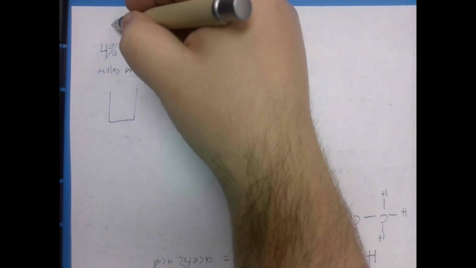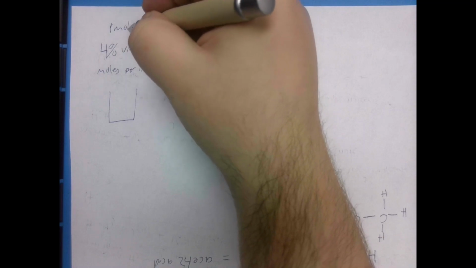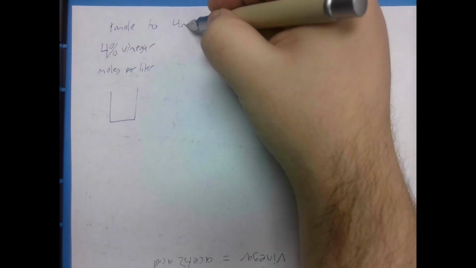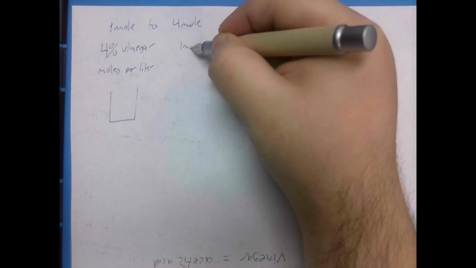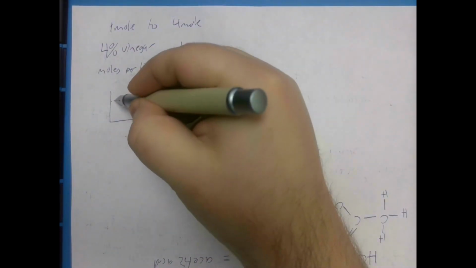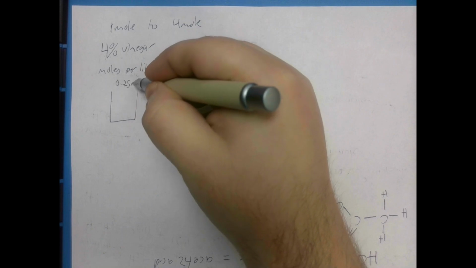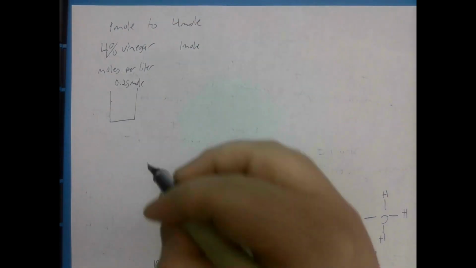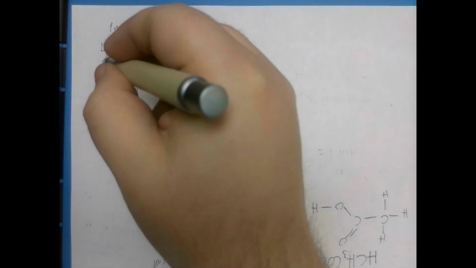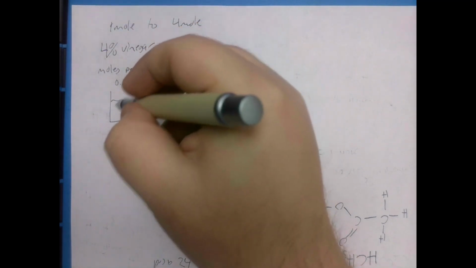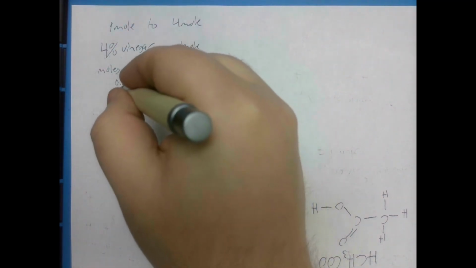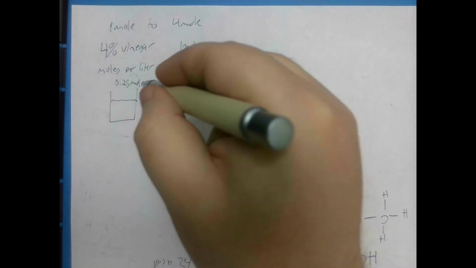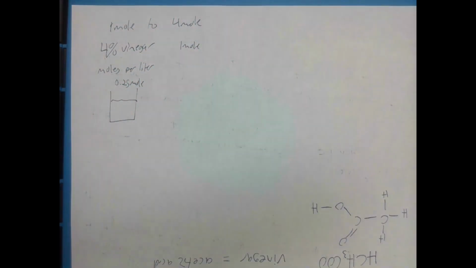Maybe it calls for a 1 mole to 4 mole ratio. And let's say you put 1 mole of this, in which case you need 0.25 moles of vinegar. Then you need to calculate how many milliliters are needed to get 0.25 moles. And that's more what we'll be working on.